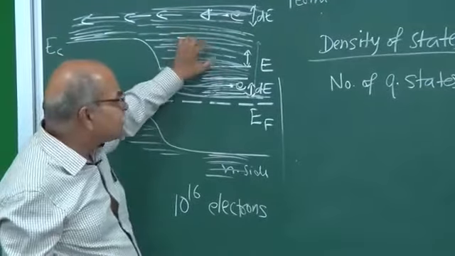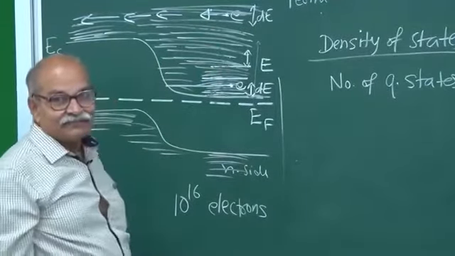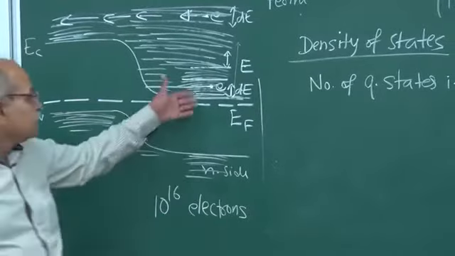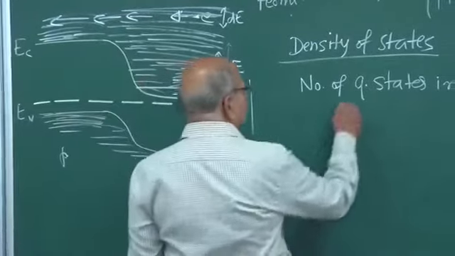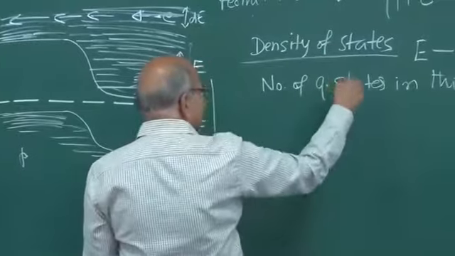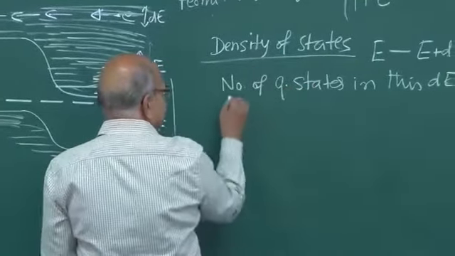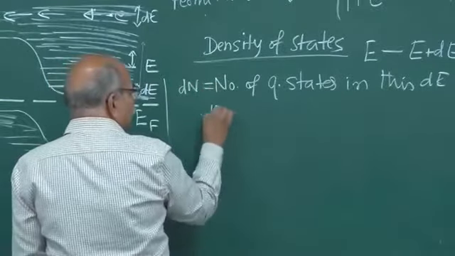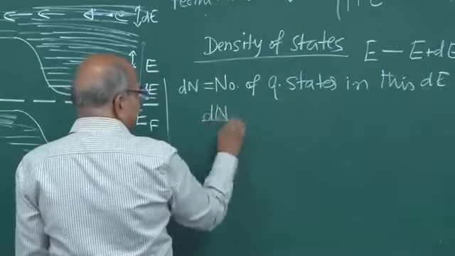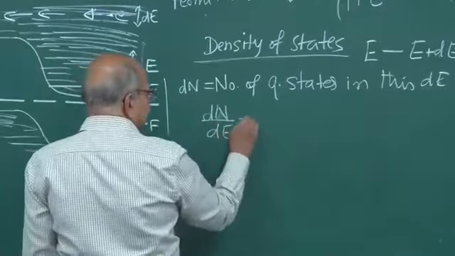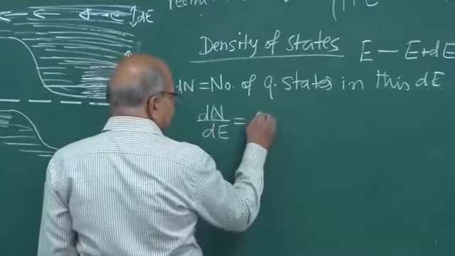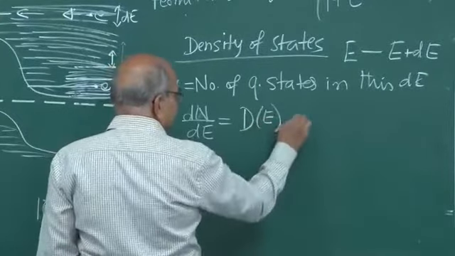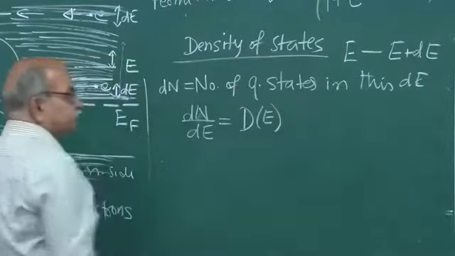If you make a calculation, this number is proportional to dE, and the number divided by dE will be the density of states. So if this number is dN, then dN over dE is known as the density of states, which you can write as capital D of E.